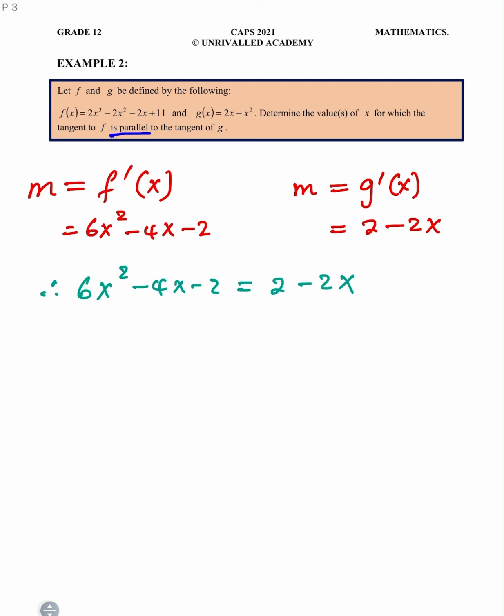The gradient of f is that one, the gradient of g is that one. We must equate them because of the concept of parallel, which means they have the same gradient.